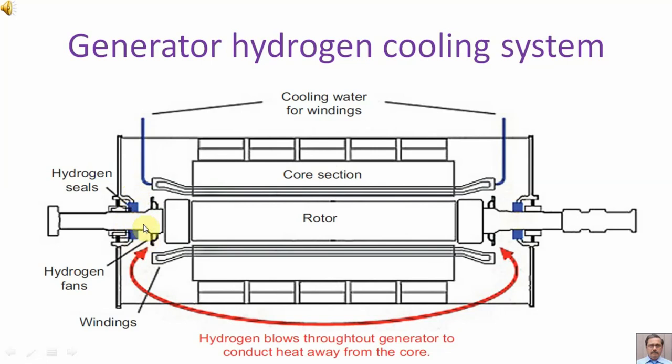In this system, we have talked about hydrogen seals which are to the left and right of the generator. These hydrogen seals prevent leakage of hydrogen to atmosphere, and they also prevent ingress of atmospheric air into the generator.